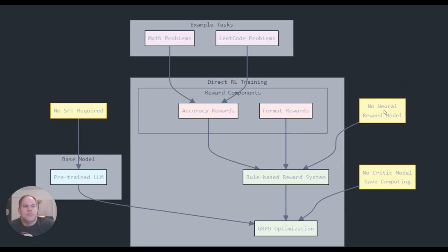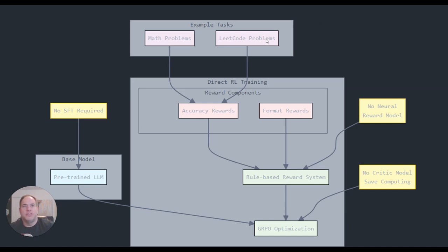So traditionally, as I mentioned before, there's the neural network reward model, and there's not a critic model, which saves computing. Instead, the RL here is a rule-based reward system that focuses on accuracy rewards and format rewards that we see here.